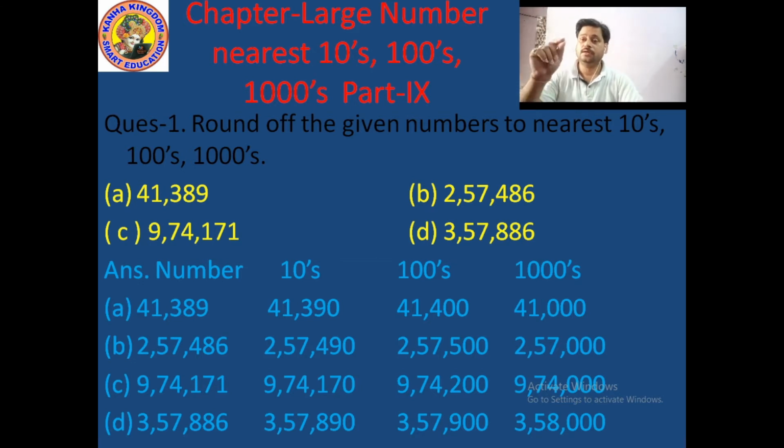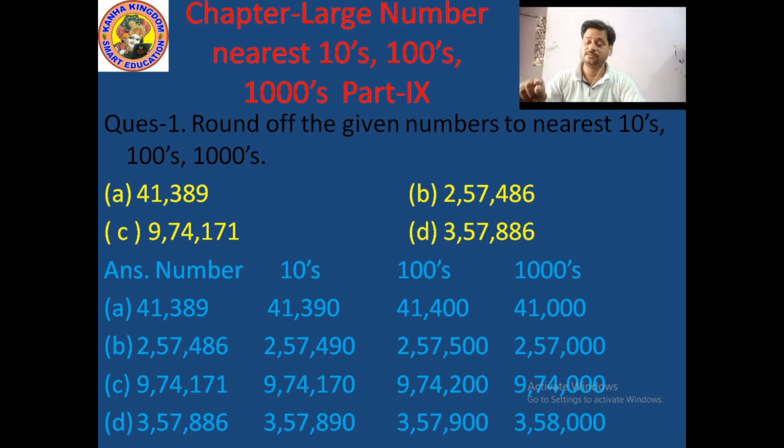See, again move to the actual number. The actual number is 41,389. In the tens place, which digit? 8 in the tens place. So 8 is greater than 5 or less than 5? Yes, 8 is greater than 5.